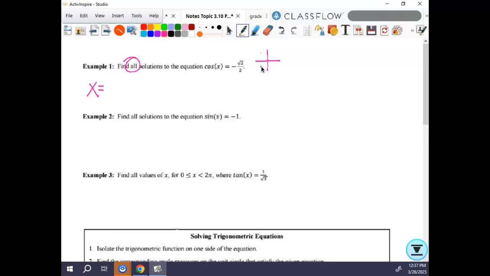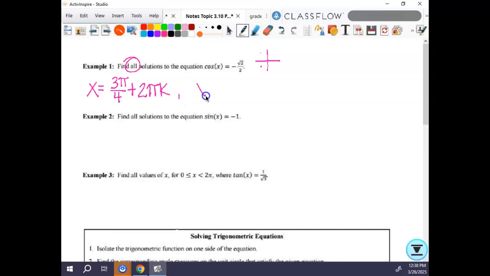So my answers are going to come from the second and third quadrants. What angle in the first quadrant, we always go back to the reference angle, what angle gives me a cosine value of the square root of 2 over 2? Pi fourths, okay? So pi fourths from here, but I need what's my second quadrant pi fourths angle? 3 pi fourths. And then I need to put plus what? 2 pi k.